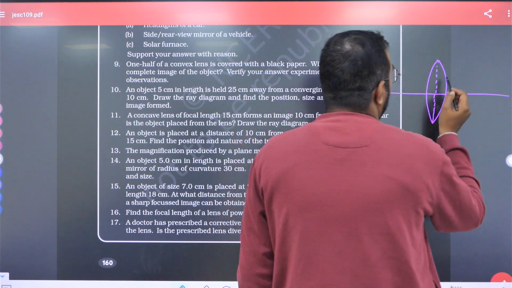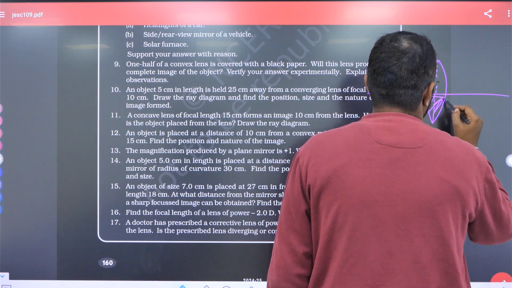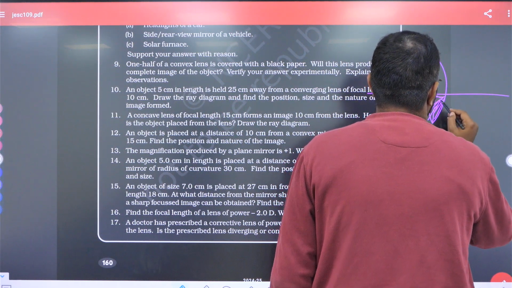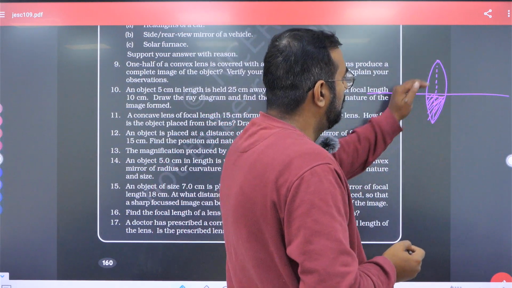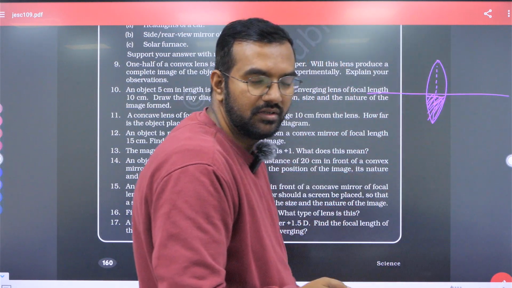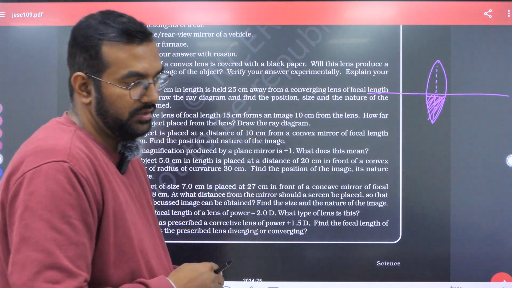Suppose one half of it is covered. This region is covered with black paper. Okay. Then will it produce the full image? Yes.